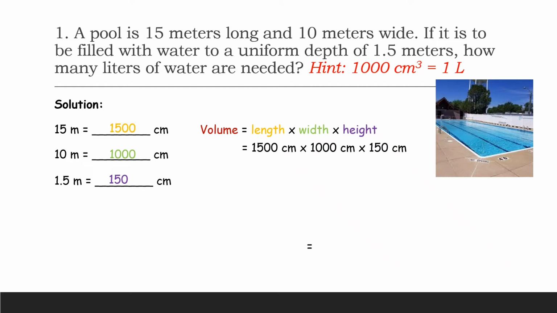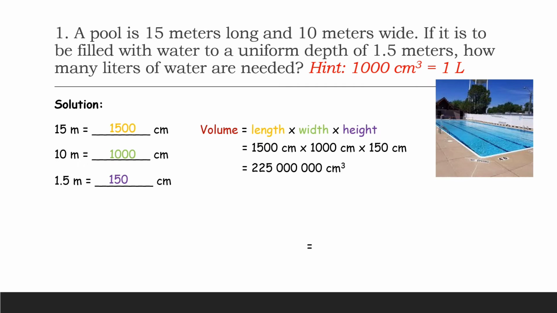So, we have 1,500 centimeters times 1,000 centimeters times 150 centimeters. Multiply, then we get 225 million cubic centimeters.